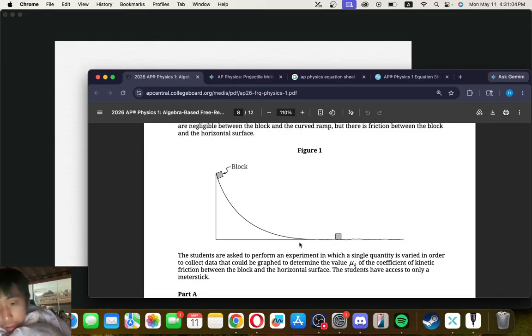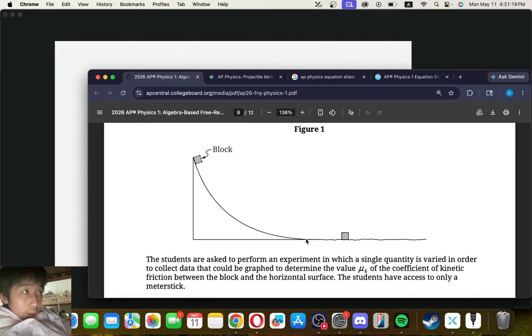Okay, and then once it slides down here, you get the initial velocity. Then you set up a new equation saying the kinetic energy at the start equals the work because it stops at 0.